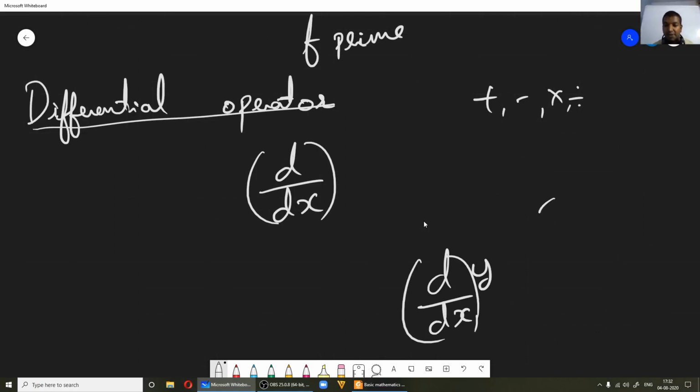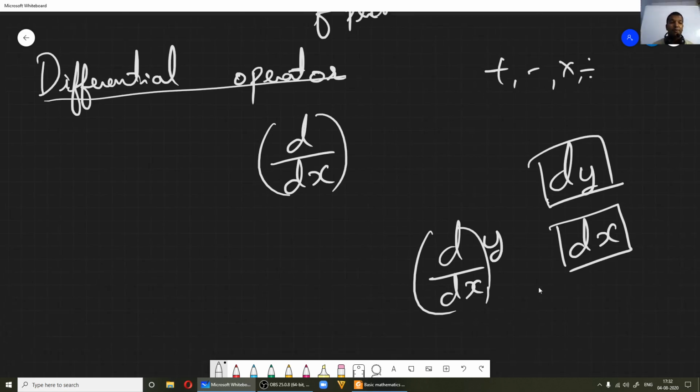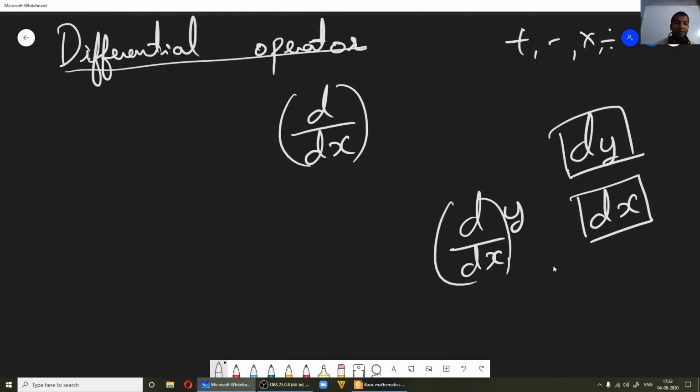As I told you, you should not treat dy separately and d and y separately and d and x separately. This dx itself is a value, it represents a small change. Dy also represents a small change, right? But when you consider this d by dx alone, we'll call this the differential operator.